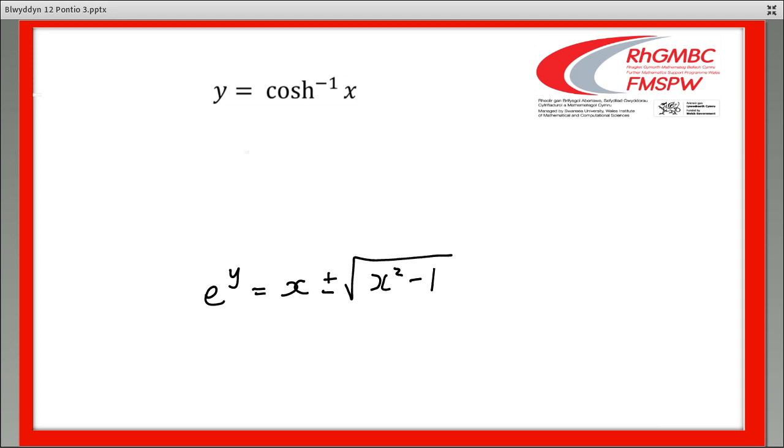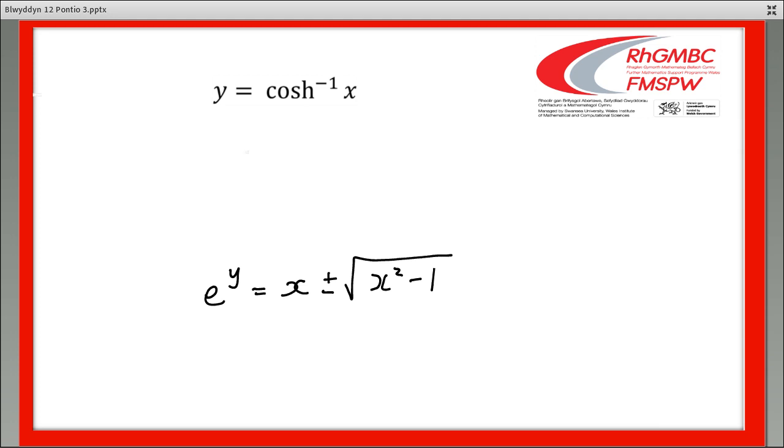So if I have x squared take away 1 and I take the square root, I will get a number that is just slightly smaller than x, so that when I take that away from x, I'm still going to be left with a positive number. Yes, it's going to be a small number, but it's still a positive number. So that I am allowed to do. So I've got my two solutions.